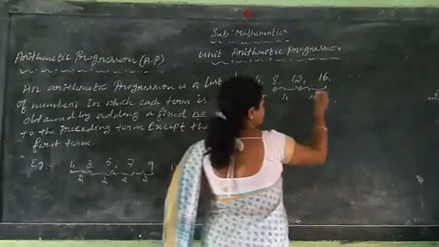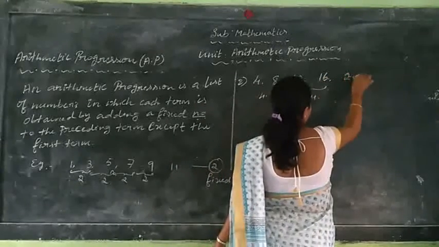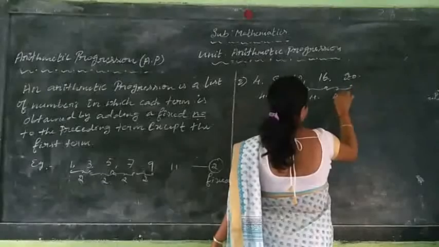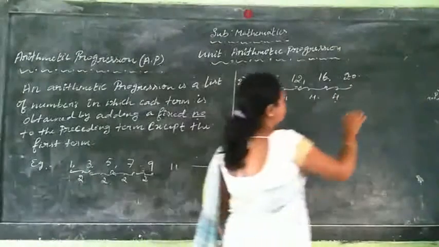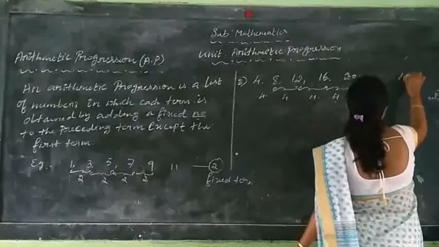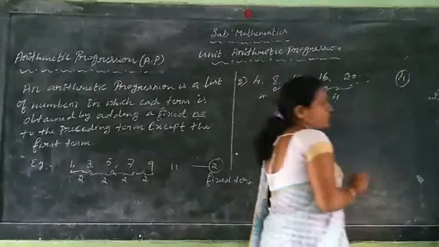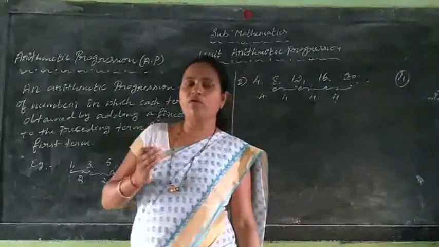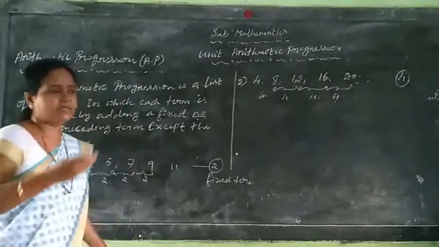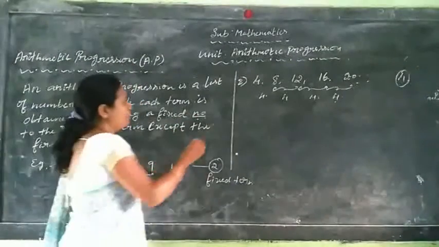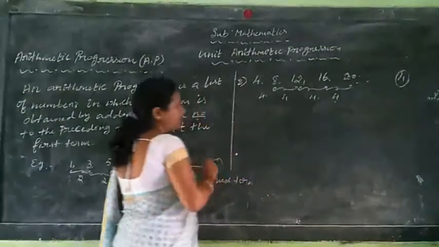Okay. So for 16, what we have to add? We have to add 20. So 4. So what is the fixed term here? The fixed term is 4. So we are going to add 4 for a first term. Then we are going to get the next terms. So here 4 is the fixed term.